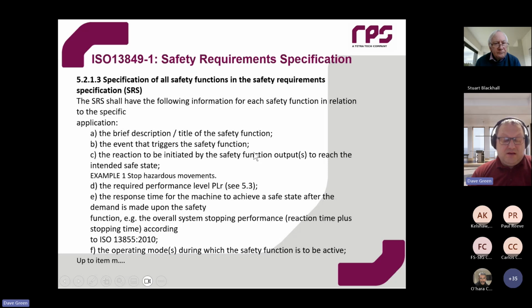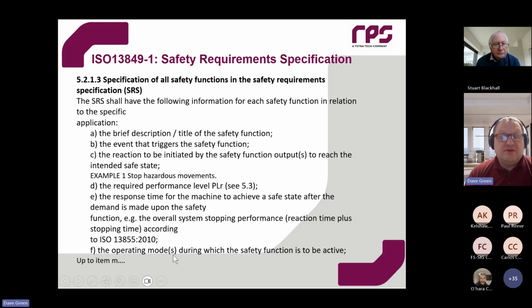So if we just see here on this one, we've got brief descriptions and titles of the function, what events trigger the function, i.e. the demands and the causes, the reaction to be initiated, so what do we want it to do, and how are the outputs going to reach the intended safe state, the required performance level, the response time, so how quickly do we need it to respond, and then operating modes during which the safety functions are to be active.